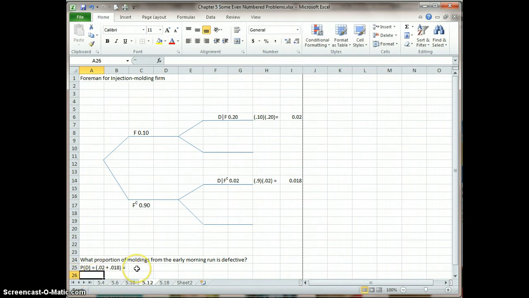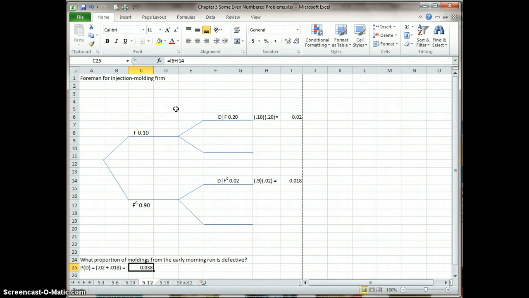I guess I didn't really need the parentheses with the 0.02 and the 0.018, but equals 0.02 plus 0.018, and the probability of it being defective in an early morning run is 0.038. So I hope that helps.